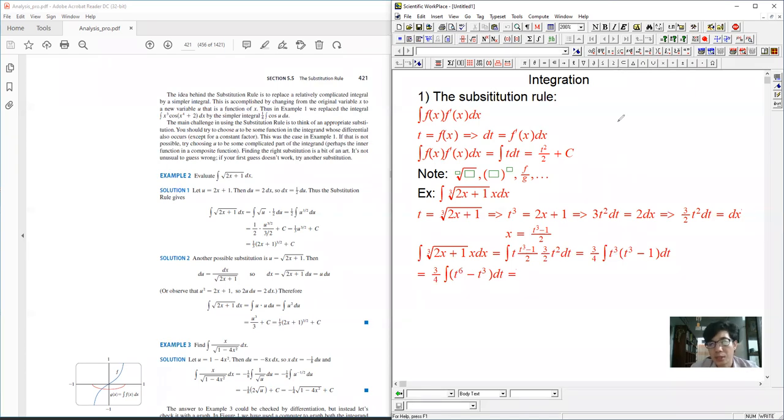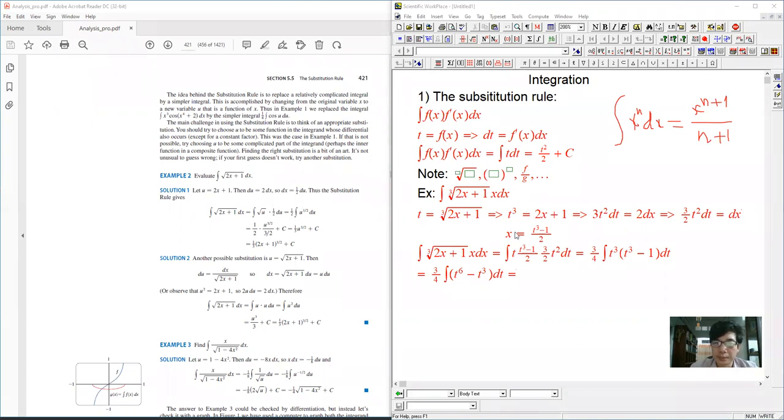The integration of x power n dx equals x power n plus 1 over n plus 1.